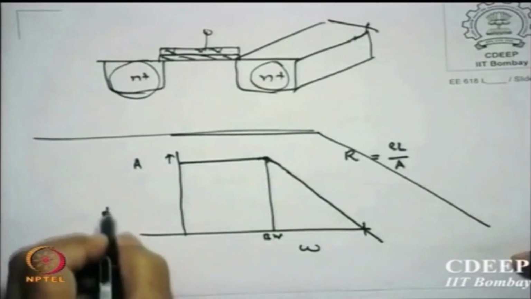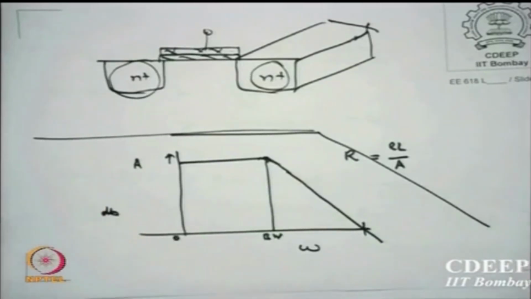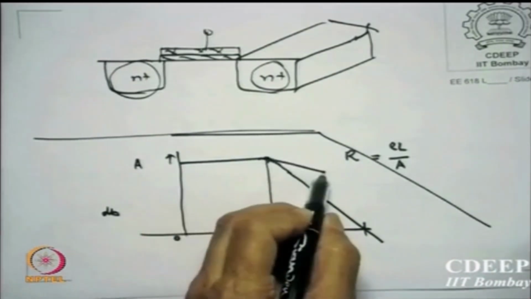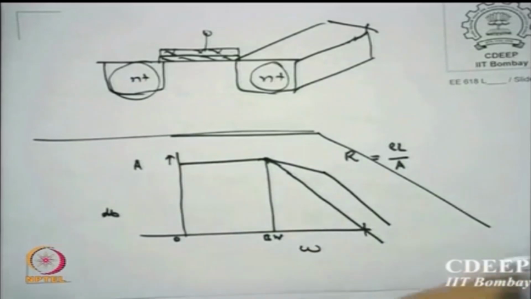What is this term essentially? If I plot it in dB, then this is 0 dB, unity gain. So this is the point, gain into bandwidth, is that correct? And this point actually we may move like this. You have many ways of moving this point.